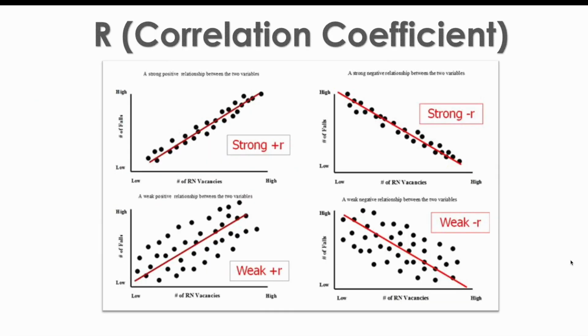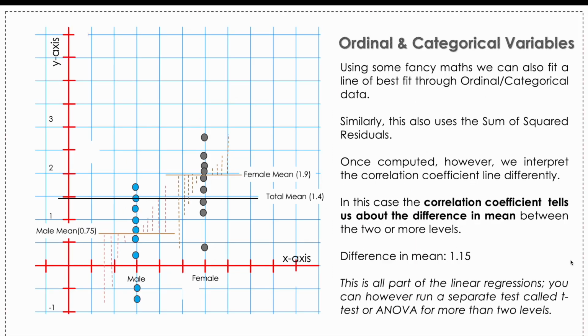So rather than having a line like this, where we say it's strong when something is positive or not, if you go back, what it does is it gives us the difference in mean. So between males and females, it works out what that difference in mean is and whether it is strongly correlated or not. So in this particular case, we have men and women, and there's a difference in mean of 1.15.